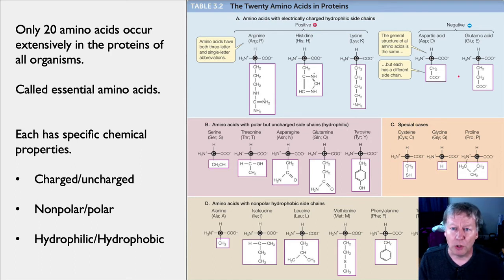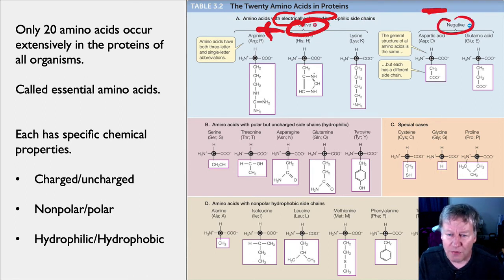So what I want you to look at carefully here is how these amino acids are categorized. The ones up here in blue are all electrically charged. Some of them are positively charged, and some of them are negatively charged. That is important because the R groups, if you are negative or positively charged, interact with each other and your local environment in different ways.